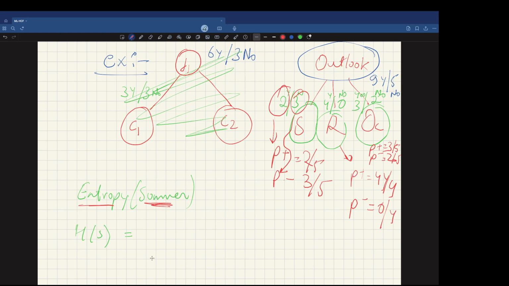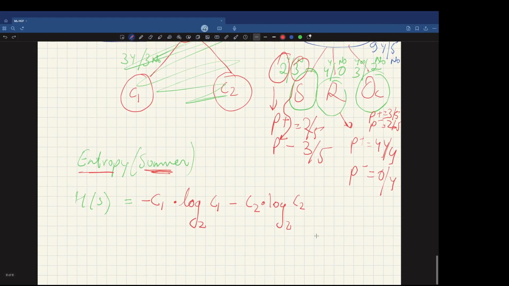H of S, how can we calculate? Just put the formula everybody knows: minus C1 multiplied by log base 2 C1, minus C2 multiplied by log base 2 C2, and C3. Because we are calculating for sunny, we won't use C1. Instead of C you can also put P, because it's the same thing, that is the extended formula.